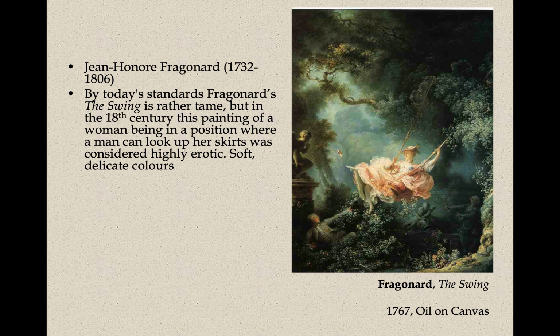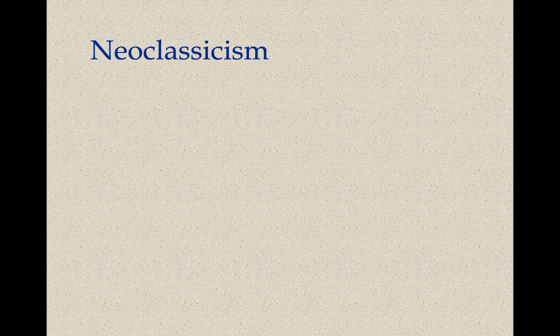But this was considered a very erotic, sexual picture, as you saw the woman in a position where the man could look up her skirt or undergarments, and so that was a theme of this art form of Rococo, of this carefree lifestyle with the aristocracy. We see the foliage, the plants, the ornamentation, but again, the Rococo, ladies and gentlemen, focused on that carefree lifestyle of the aristocracy.